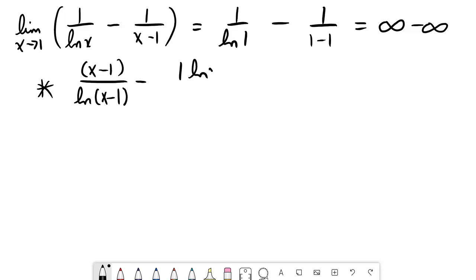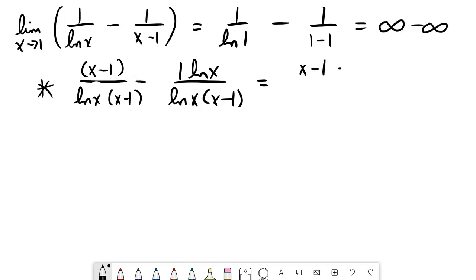This is probably how we're going to go about it. I have a common denominator, so I can equal that to x minus 1 minus natural log of x, over, let me write it this way, x minus 1 times natural log of x.